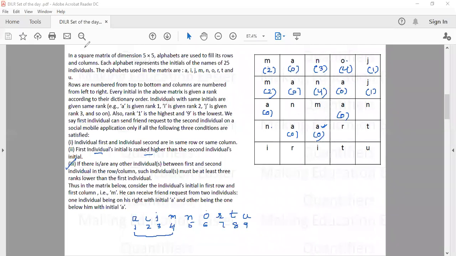Next we have this N. Now this N can receive requests from A, second A, third A, and fourth M. So all these 4 people just around N can send the request, plus this 5th person A can also send the request to N. So he can get the request from 5 people.